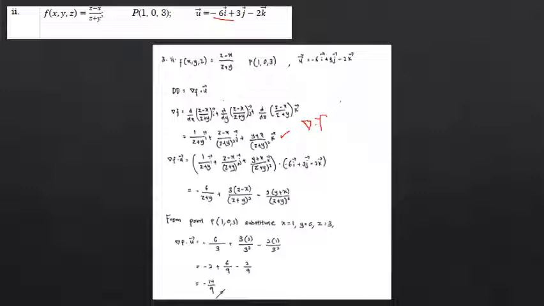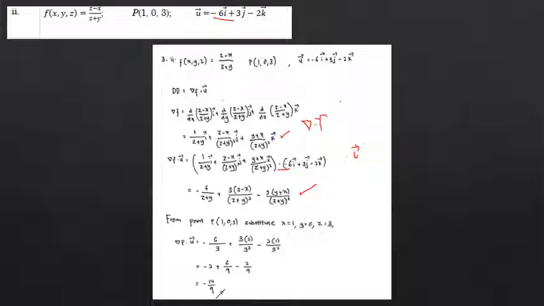After that, we take the dot product with vector u, and we'll find this new equation: negative 6 over (z plus y) plus 3(z minus x) over (z plus y) squared minus 2(y plus x) over (x plus y) squared.